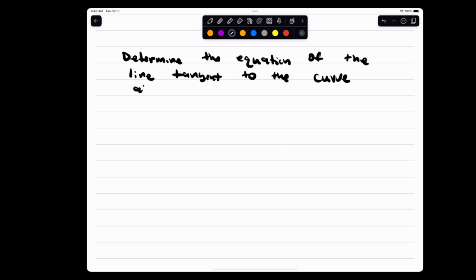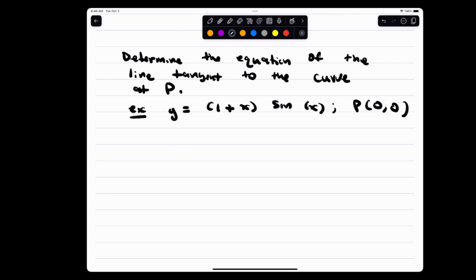And it's going to be at the location P. However, you might say, what if they give you y equals 1 plus x sine x, this is the equation, and then the point's going to be at the origin, for example.